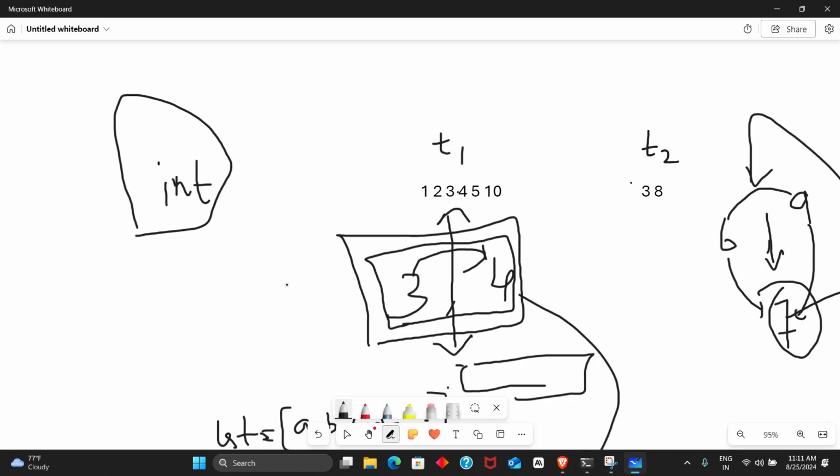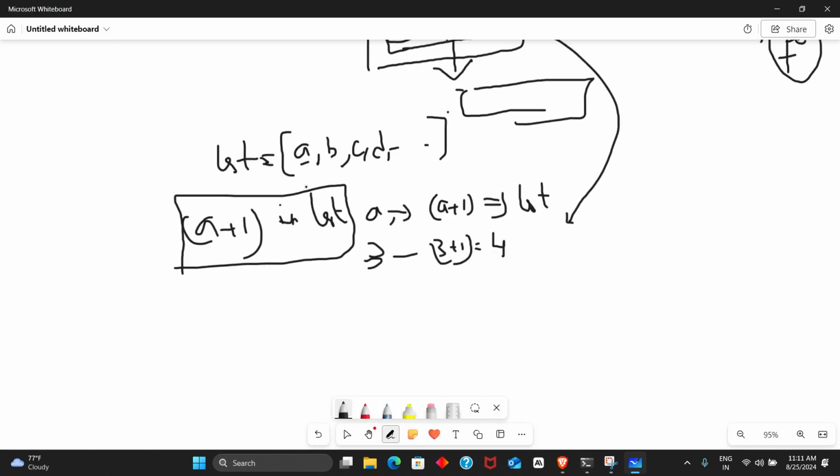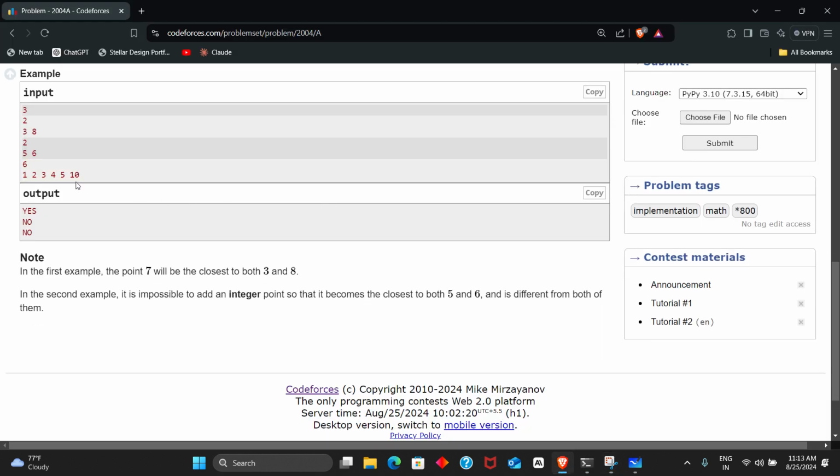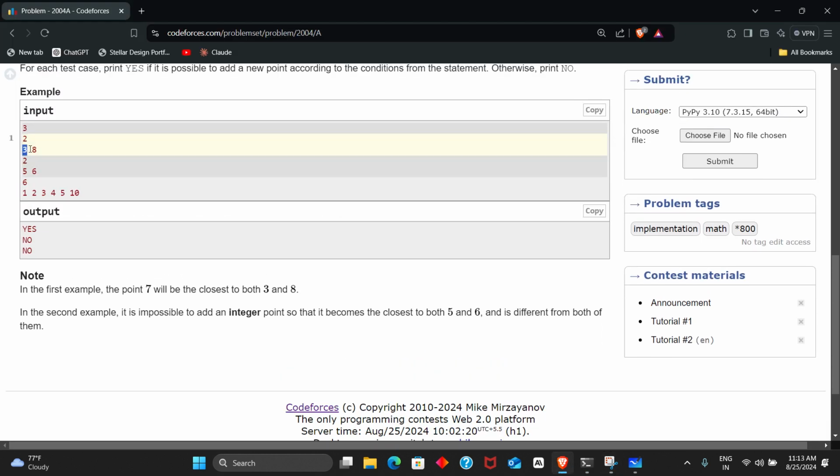If you remember, let's take a, and if a plus 1 exists, that's what I said. So if we take list of 0 as a and list of 1 as the other number, here this is list of 0 and this is list of 1.